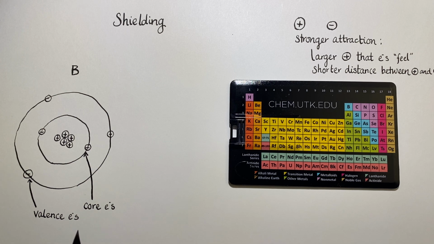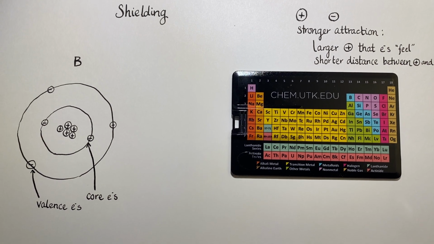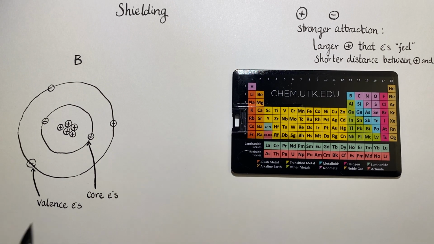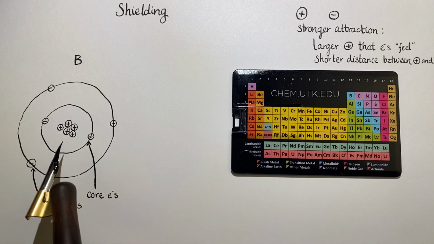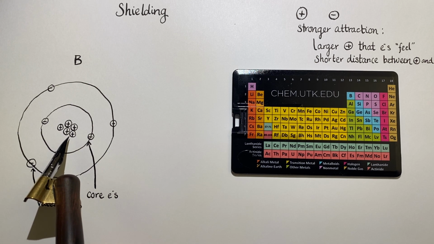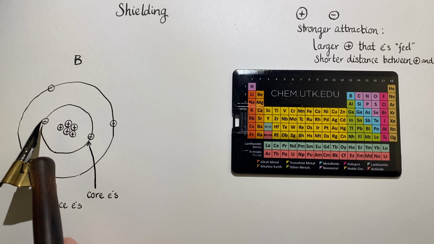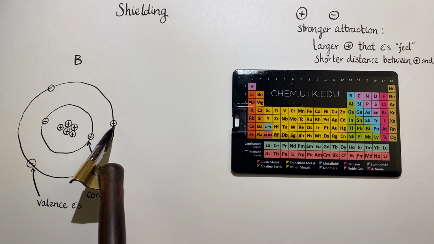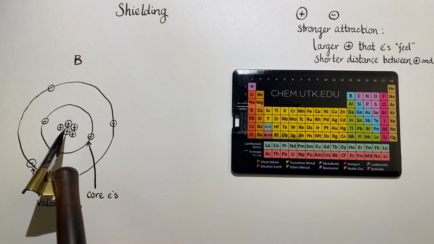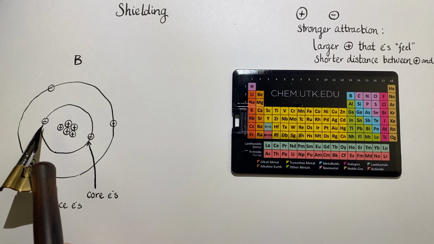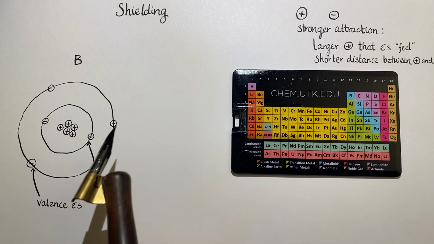And we can actually do a rough calculation of this, where we can say, all right, the full positive charge here, the full nucleus, the number of protons equals the atomic number, Z. And then we've got these core electrons blocking the outer electrons from feeling this. And we have two of them. We can call these the shielders.